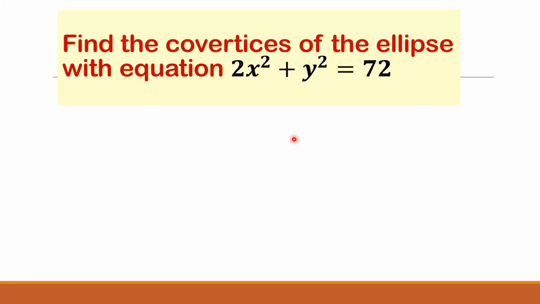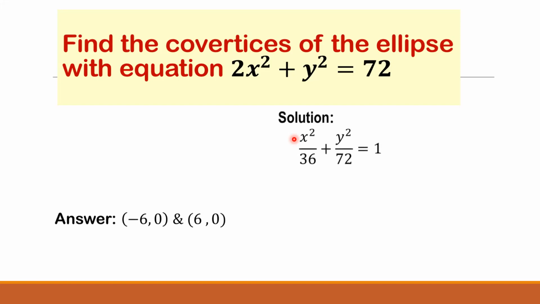Find the covertices of the ellipse with this equation 2x squared plus y squared equals 72. Okay, so fast forward ko na yung time natin and the answer here will be -6,0 and 6,0. Why is that?